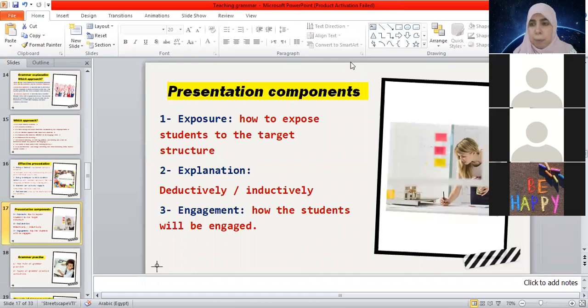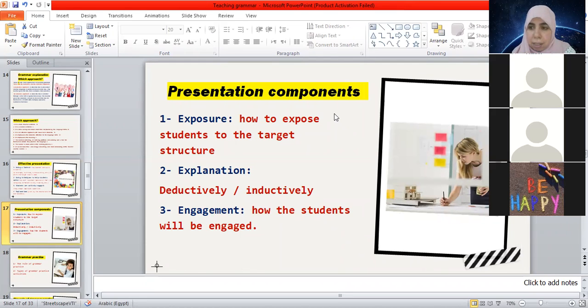Okay, Noha, thank you. Exposure. Of course, I have to expose students to the target structure. As we said, using a context. It's supposed to use a context, and this will help them be exposed to it. It means I can see, I can hear, okay?